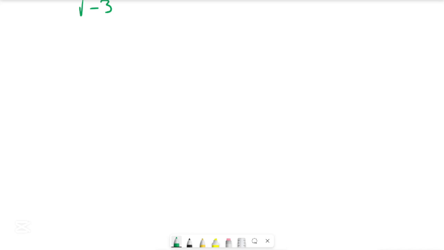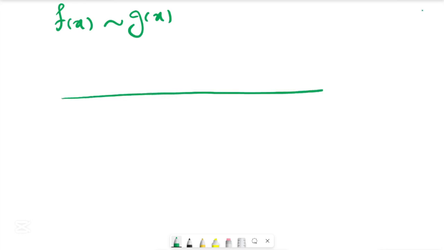But another one, before we go to solve any question, I'm going to say some things about equivalence. What's the meaning of this? For example, we say f(x) is equivalent with g(x). What's the meaning of that? Before I go to the mathematical definition, I'm going to give you an intuitive example.